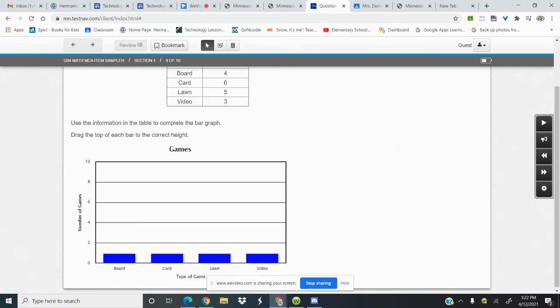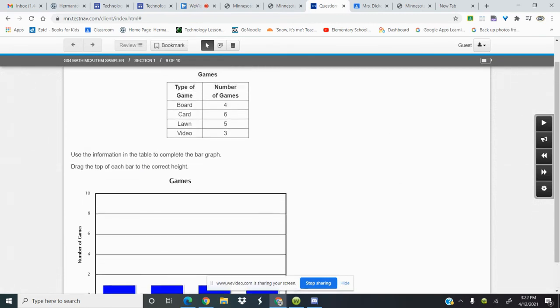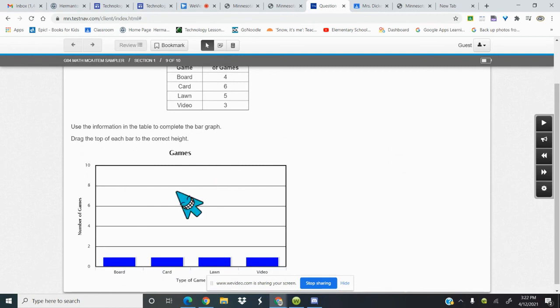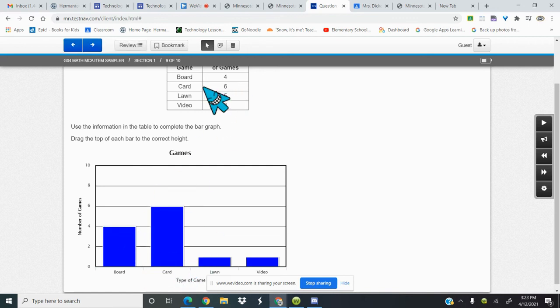We need to drag this bar up to the correct height. So the board games, number of games played were 4. Card games, number of games played were 6. Lawn games, number of games played were 5. There we go. And the video games, number of games played were 3.